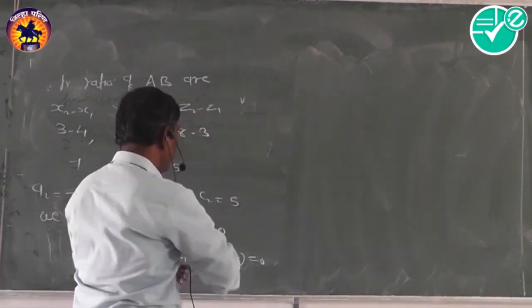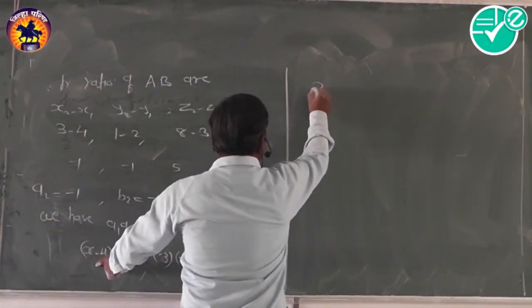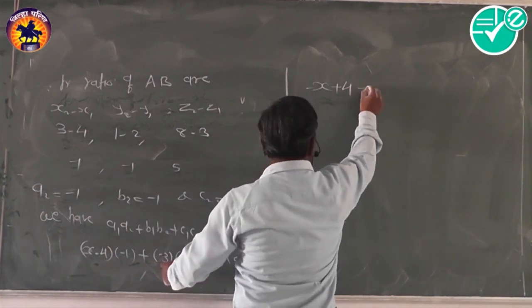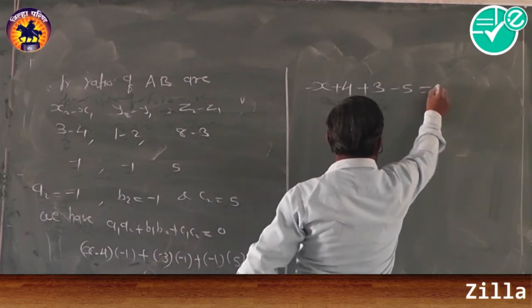So this is minus x plus 4 plus 3 minus 5 is equal to 0.